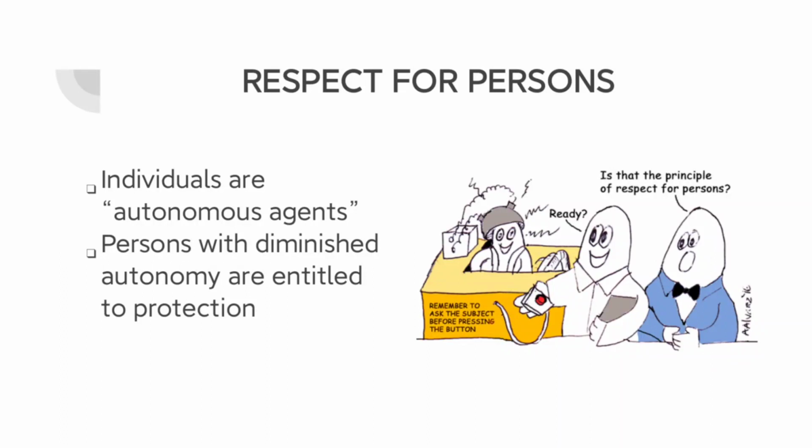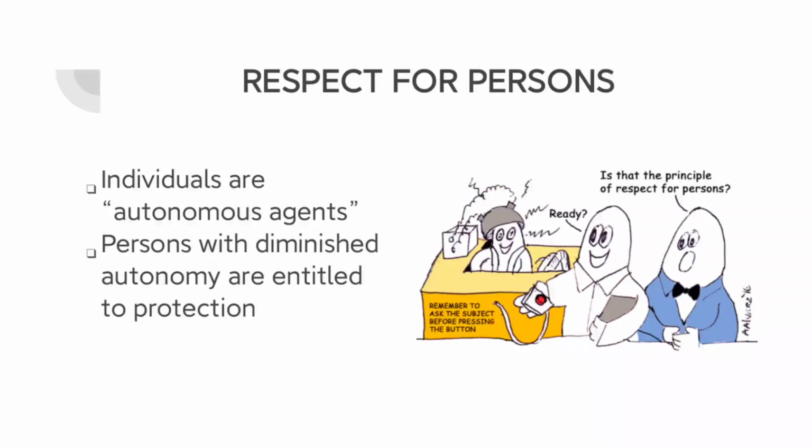Persons with diminished autonomy are entitled to protection. A person with diminished autonomy, examples are mga minors, mga minor de edad, prisoners, mga mentally disabled, no? So basically, ito yung natawag din nating mga minority. So these populations must be protected.